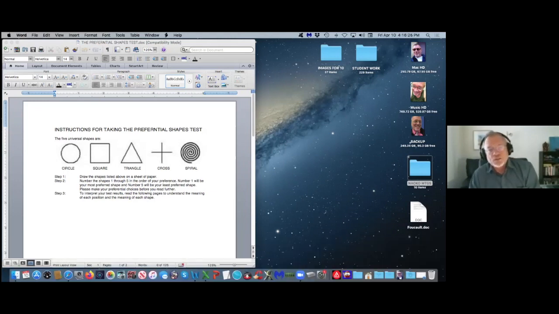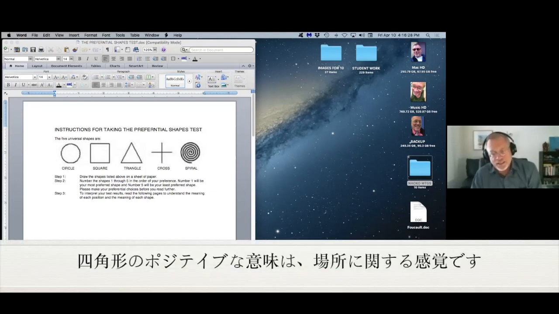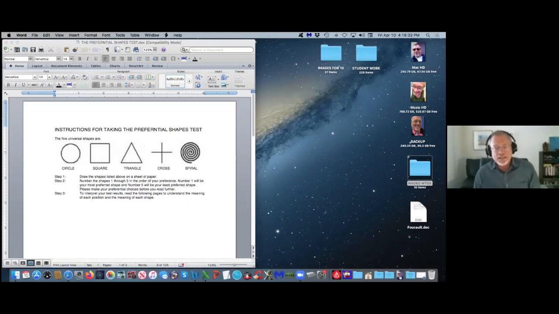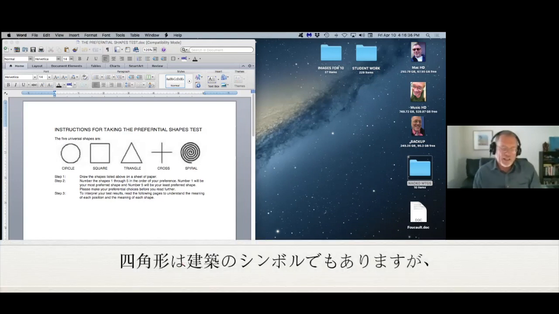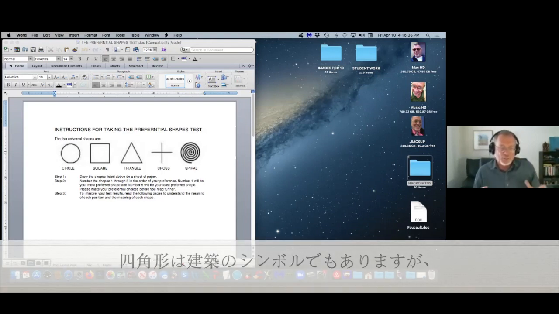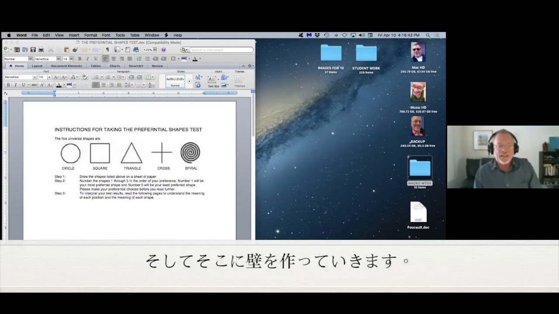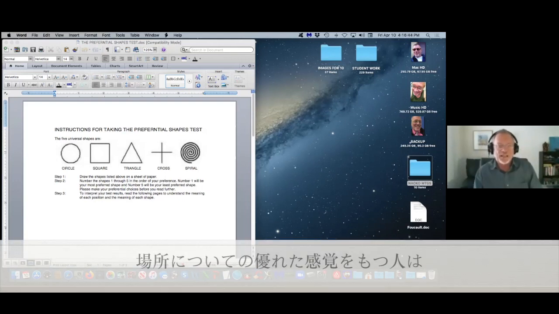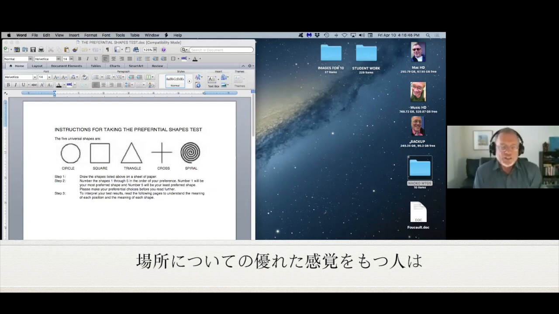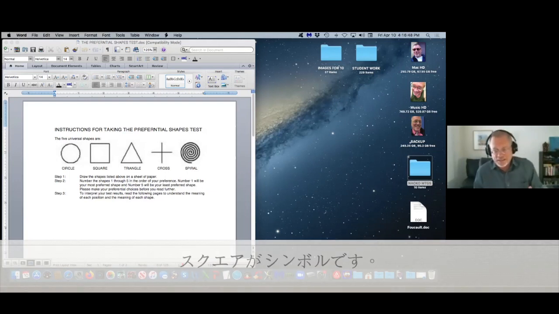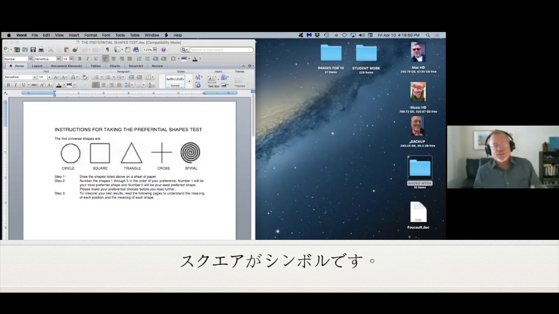And so the positive of the square is that we all need to have a place, a sense of place. And so the square can symbolize architecture, in the sense of you build a house, you start with a square and then you build the walls and then you get inside the house, right? So people who have a good sense of place, the square is a symbol of that.